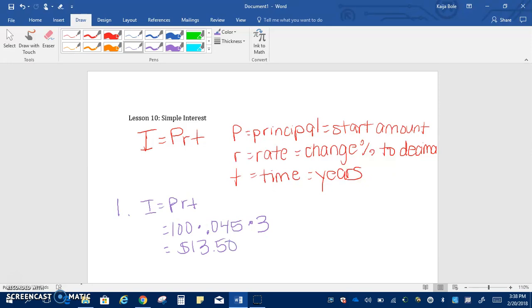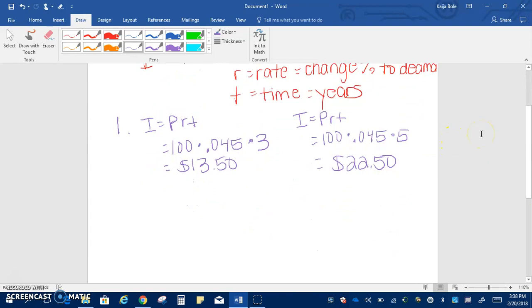Now if we do it after 5 years, it's the same setup, but now our time is different, so we'd have 100 times 0.045, now times 5, and that would be $22.50 after 5 years. So it's pretty much just plugging in and then using your calculator.